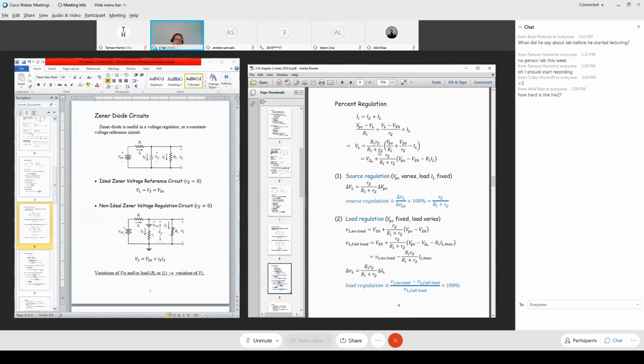We can arrange it into this equation. Further, I rearrange it, pulling out VZ0 as the first term. Then I add VZ0 and subtract VZ0, so that the whole term can be expressed in the second combination in this way.